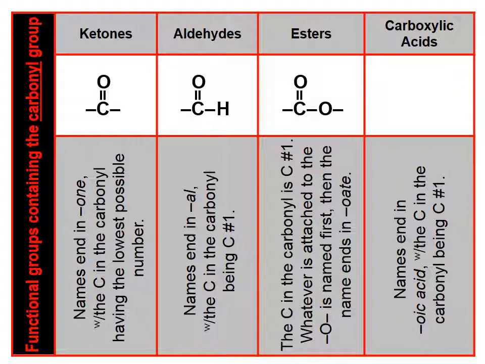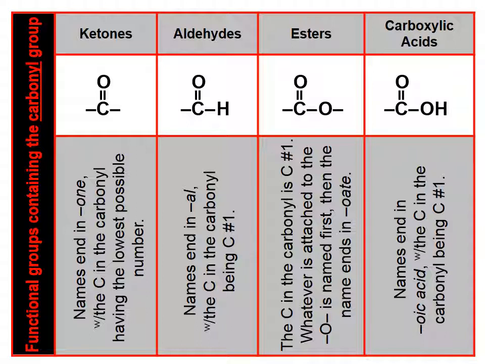When we name esters, the carbon in the carbonyl is carbon number 1 by definition. Whatever's attached to the O is named first, and then the name ends with -oate. So when we name these, the stuff that is right here, I'm circling this region with my laser pointer, whatever's attached to the O is named first, and then we name the rest of this molecule off to the left here, with this carbon being carbon number 1.